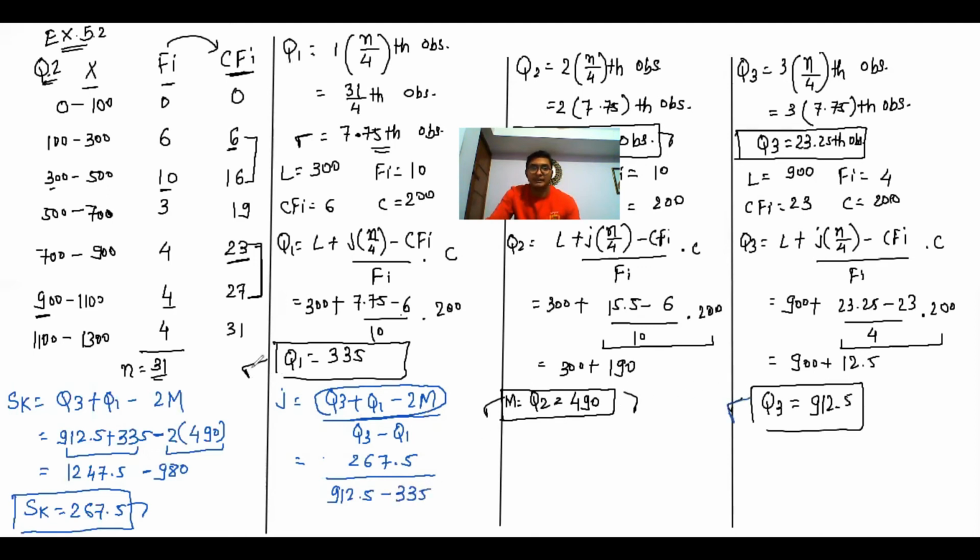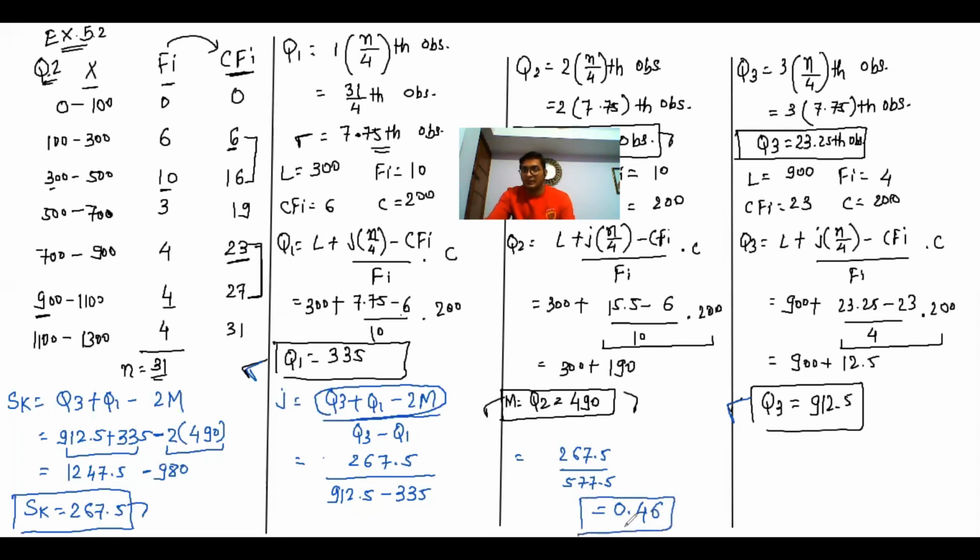So now 267.5 divided by 912.5 minus 335, which is 577.5, and our final answer is 0.46.